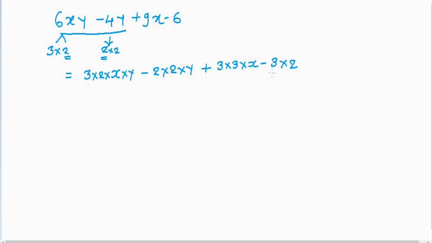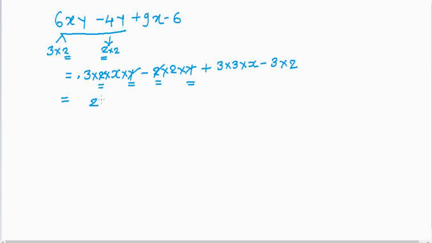Okay, see the first two terms, here we can take 2 common, so we cancel this and we write here. Again we can take y common, cancelling this y, to clearly write the remaining terms.